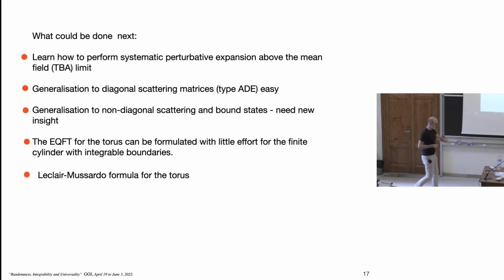So that's the end. So I can just add some possible developments. But first, let's repeat the main message of this talk: usually in the TBA calculations, you cut along the cycles, and then you introduce a complete set of states.